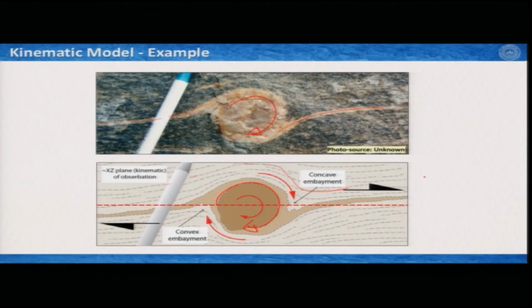Again, this model does not consider what the material of this ball is, what the material outside is, and so on. It simply constructs first the geometric model, and then it considers what the relative motion was. And this is very important as a shear sense indicator in structural geology. There are many other shear sense indicators, but this is one of the most important ones.